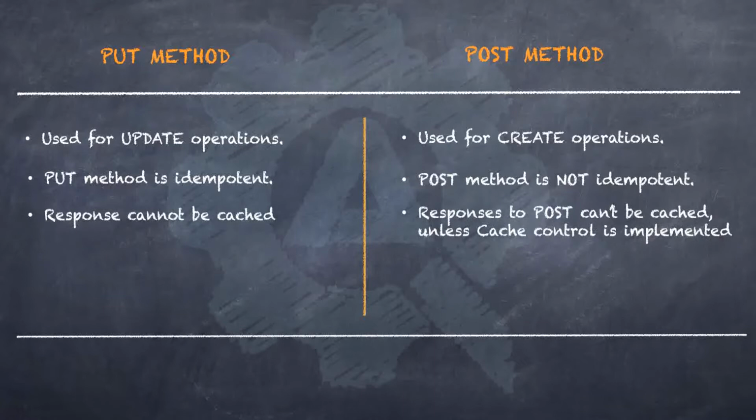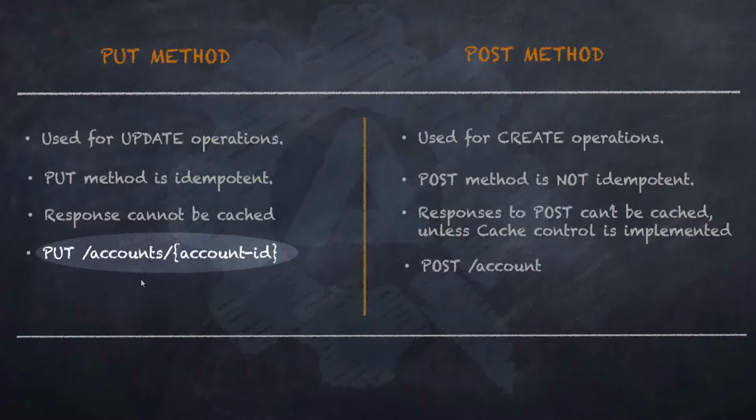The response of a PUT method cannot be cached, and likewise is the case in POST method as well. The responses to a POST method cannot be cached, unless of course a cache control is implemented. The representation of a PUT method involves mentioning the respective ID to which the particular modification is to be made. As you can see in the slide over here, we have endpoint representation of a PUT method.